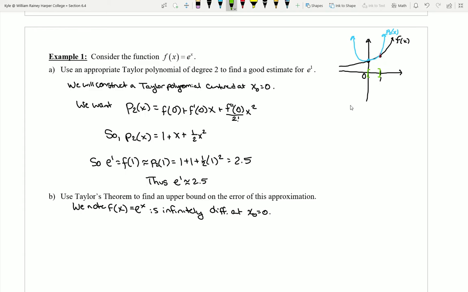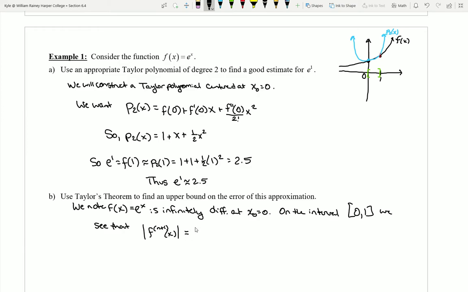Remember, according to the theorem, I have to have my x0 as a part of my interval, and I also have to have, obviously, whatever x value I want to measure the error at as a part of my interval. So I'm going to choose an interval 0 to 1, and then see if I can find this capital M. So we'll see here that on the interval 0 to 1, my n plus first derivative, when absolute valued, I want that to be less than or equal to something.